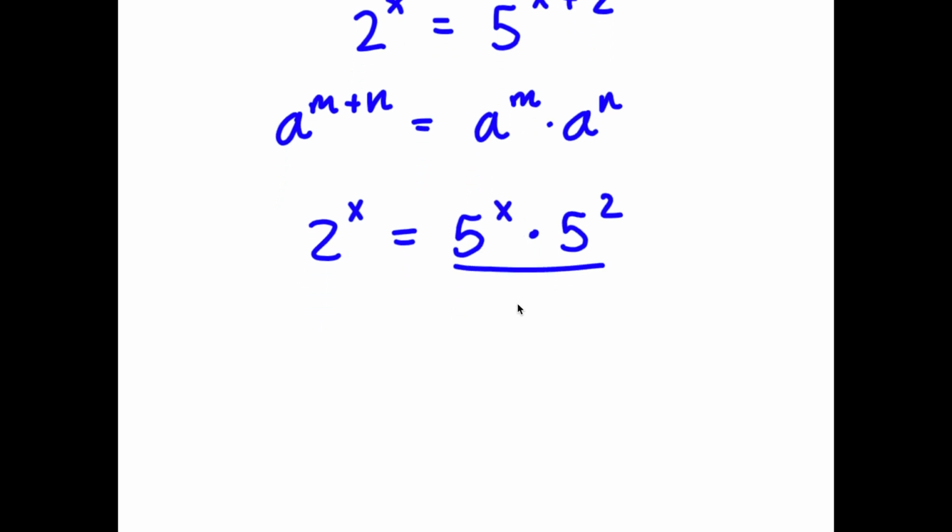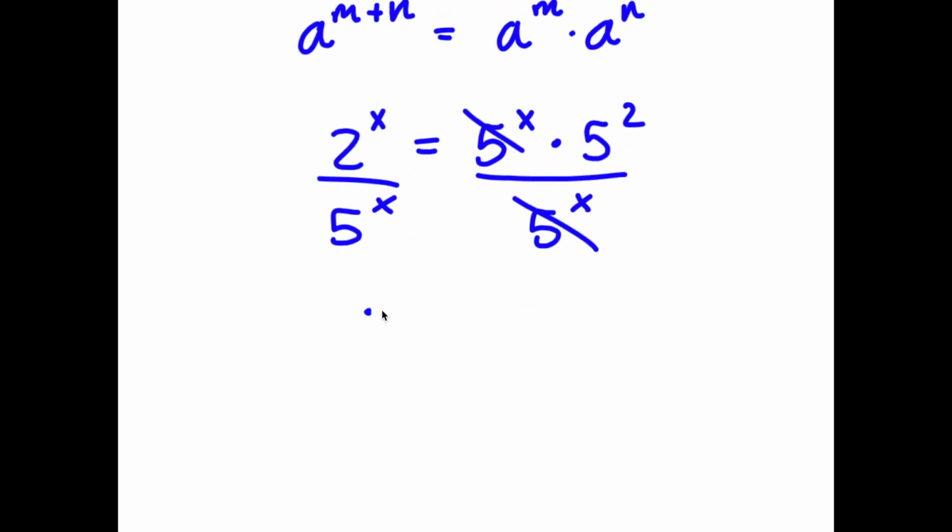Now if I divide both sides by 5 to the power of x, these two cancel out, and I get 2 to the power of x over 5 to the power of x is equal to 5 squared.